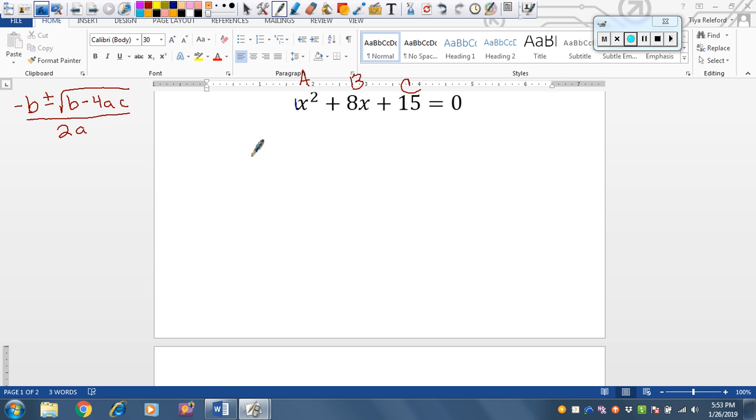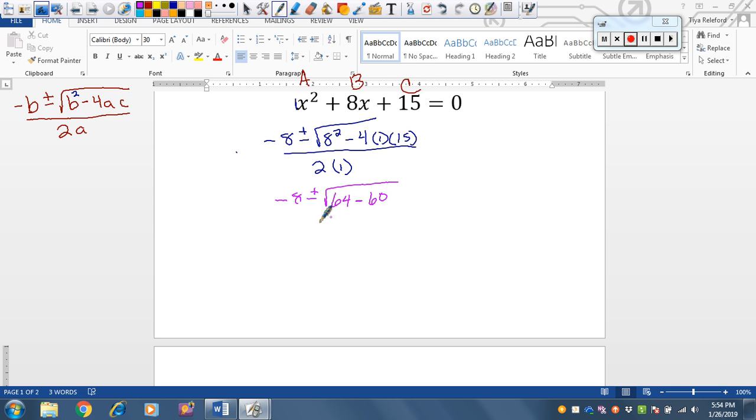So -b plus or minus square root of b squared minus 4 times a times c divided by 2 times a. And then we can simplify. -8 plus or minus square root of 64, 8 squared is 64, minus 4 times 1 is 4, 4 times 15 is 60, divided by 2 times 1.